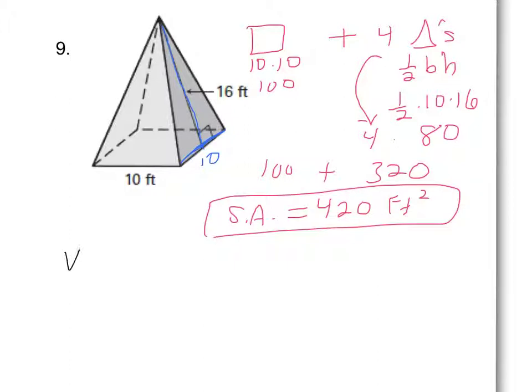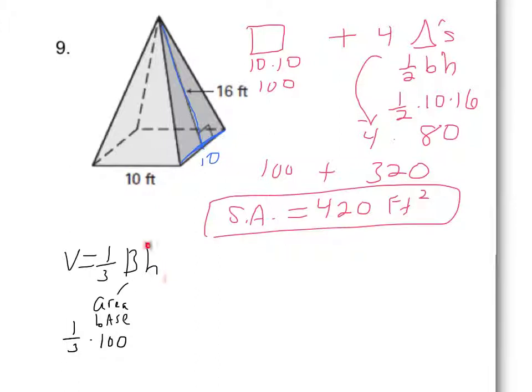Volume of a pyramid is given by the formula 1/3 area of the base times the height. So that capital B is area of the base. We actually already know that because up here we just calculated it. 10 times 10 is 100. So 1/3 times 100.